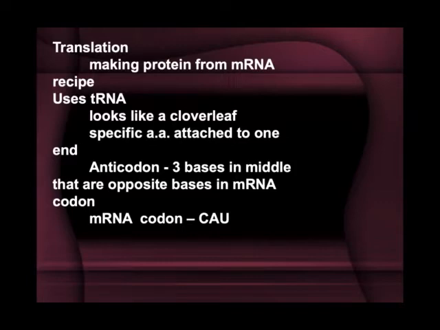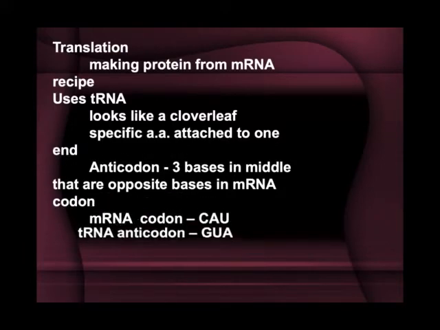So if the mRNA codon is CAU, the tRNA anticodon is going to be, well, C always takes G. A in RNA world takes U, and U is going to take the A. So it's going to be G, U, A.